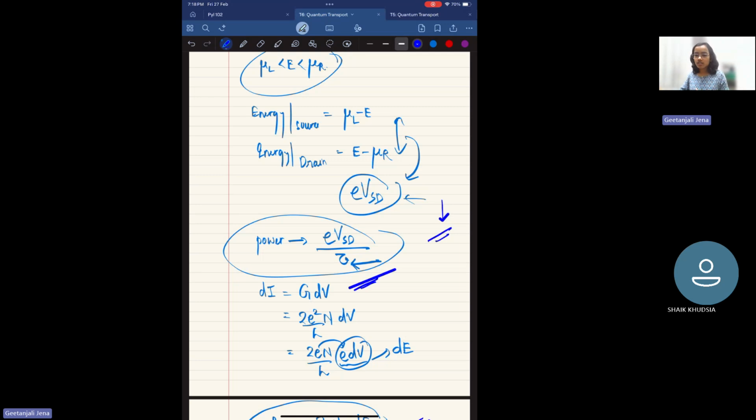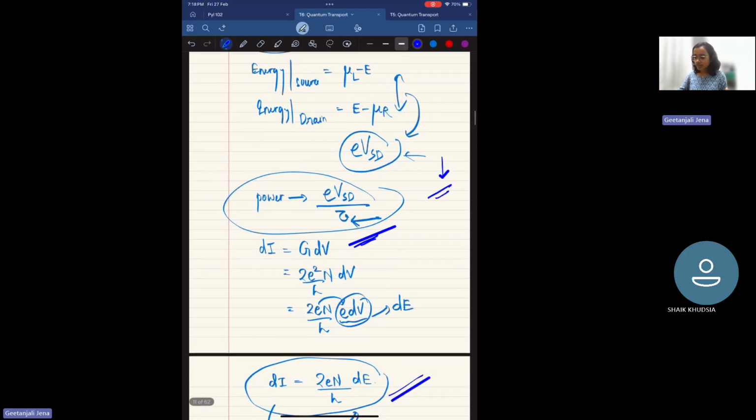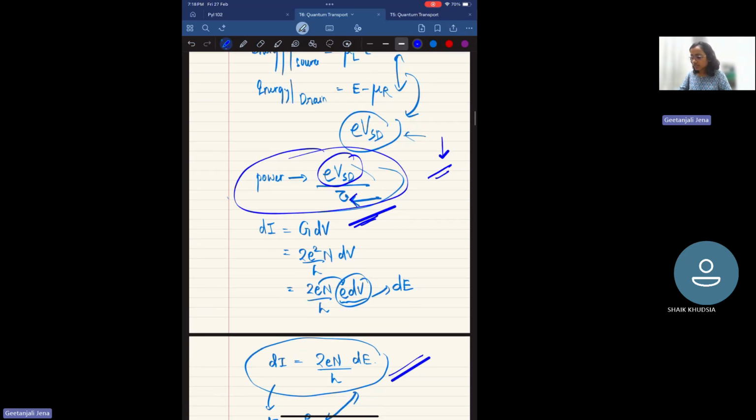So we start from the power expression. Power is given by energy over time. The total energy dissipated is eV_ST, which is mu_L minus mu_R, and tau is the time taken for transport from source to drain.